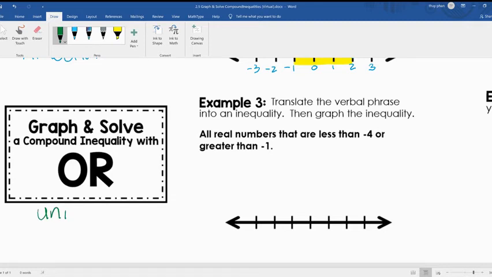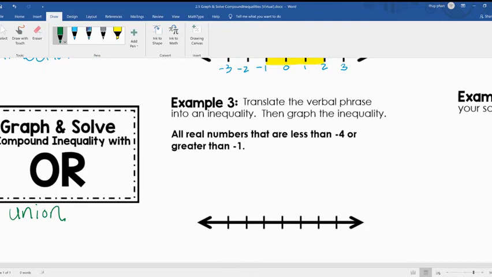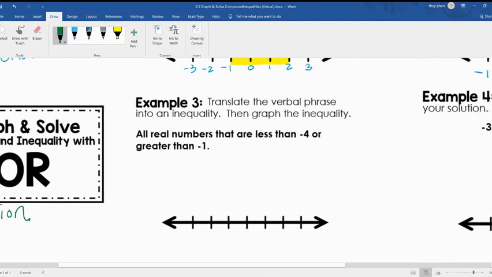Ors are called union. So when we're solving for this, it says translate the verbal phrase into inequality, then graph the inequality. So all real numbers that are less than -4, or, notice I wrote the word or, x is greater than -1.